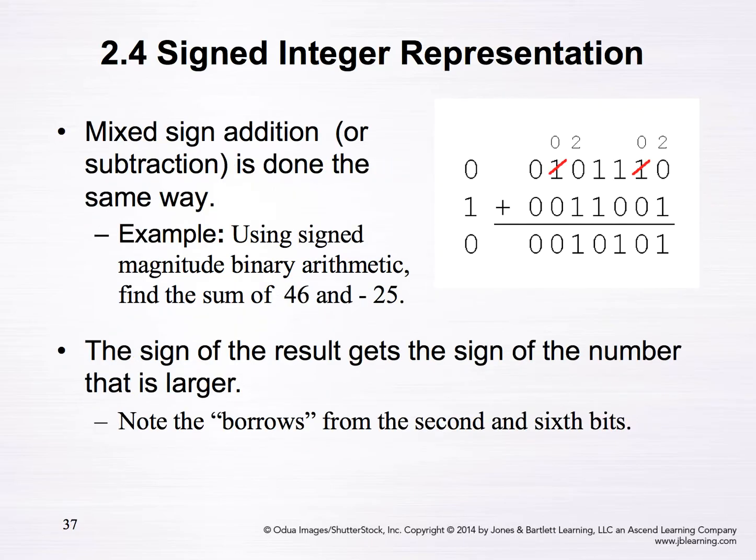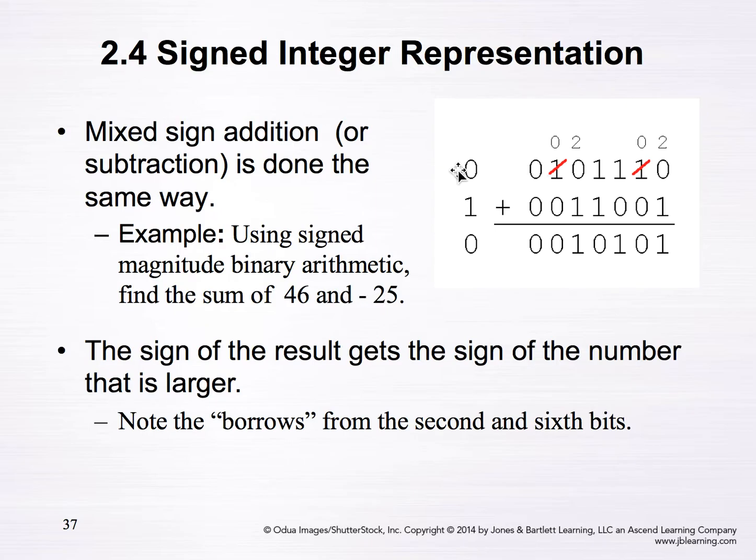So what about the mix of signs? Addition or subtraction can be performed for sign magnitude, and basically it's done the same way. For example, we want to use the sign magnitude representation to compute the sum of 46 and negative 25.